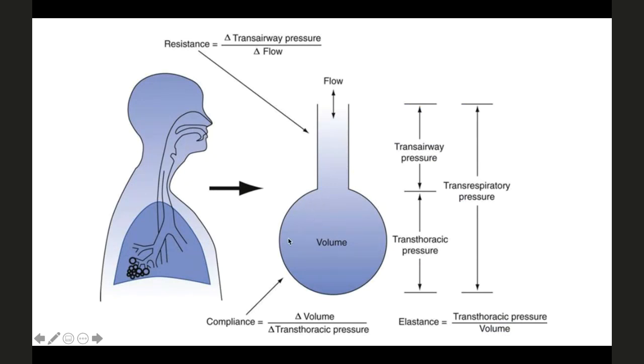So the lung compliance depends on this part, whether this part is distensible or not. This much transairway pressure is the work utilized to overcome the resistance offered by the airway. Beyond this, this is the transthoracic pressure. So the distensibility of the lung per se dictates transthoracic pressure.